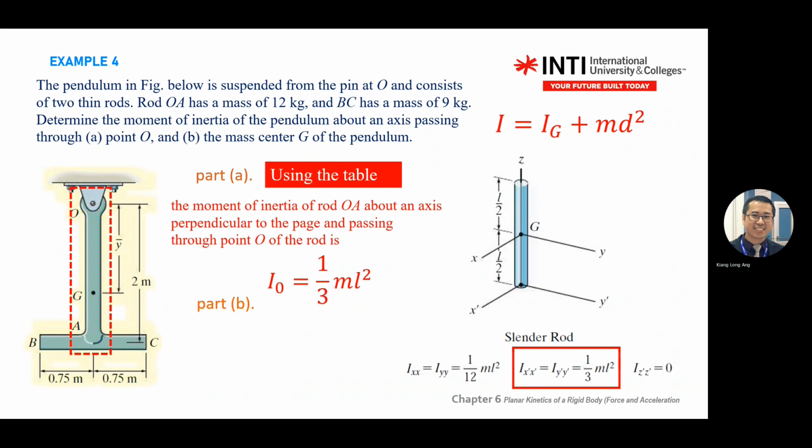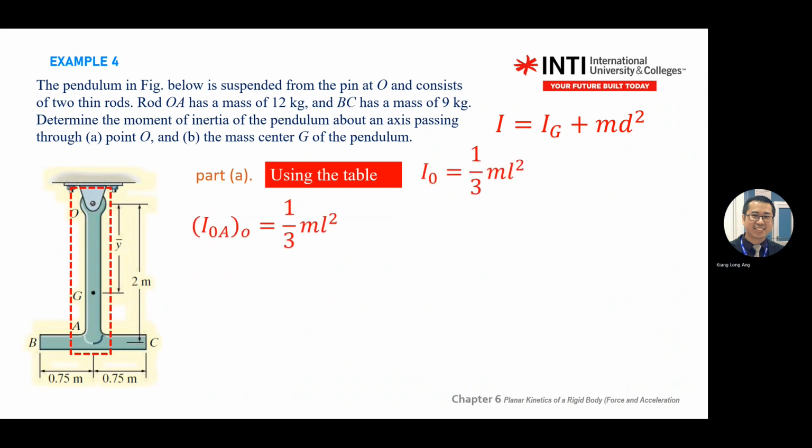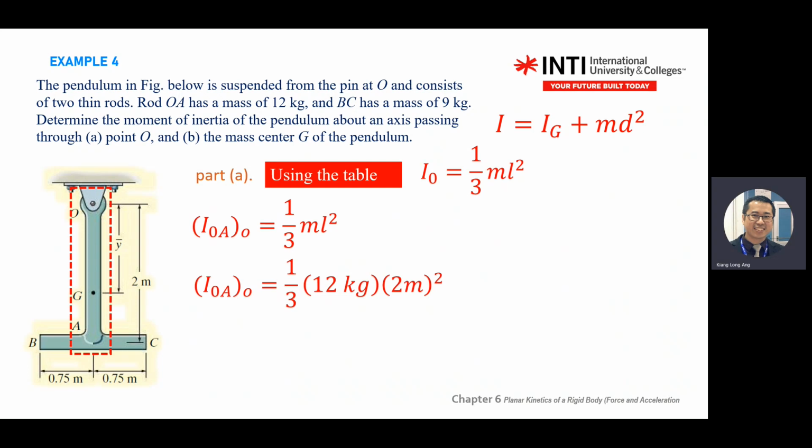The length is 2. You substitute the mass given and the length 2, you calculate, and you get 16 kilogram meter squared. Again, the unit is important.